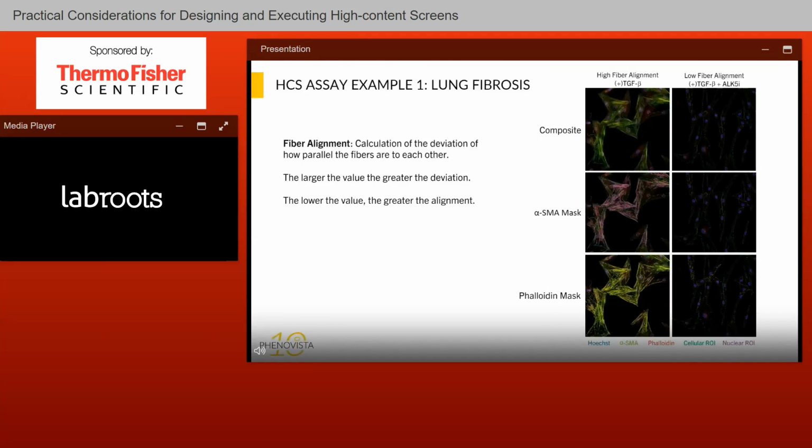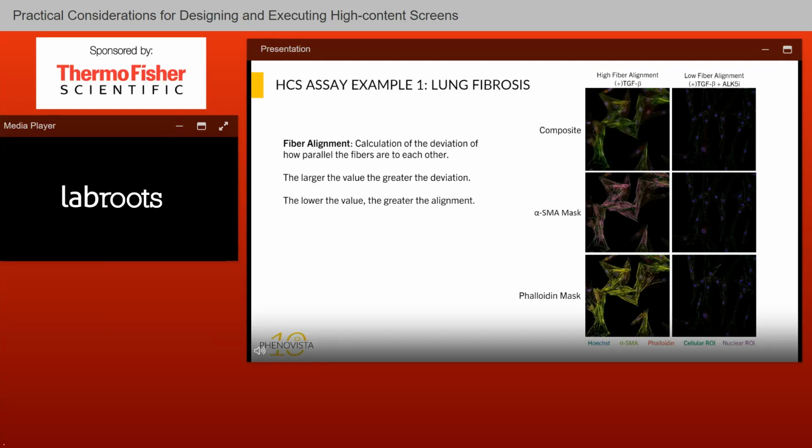And so, one of the other really important aspects, because we take an imaging approach, is that not only do you get abundance through intensity of the markers, but you can also look at the organization of the fibers and get some additional information. So using a fiber alignment metric, we're able to measure the organization and essentially how the fibers in each cell are running parallel to each other, and that can give us an additional readout.